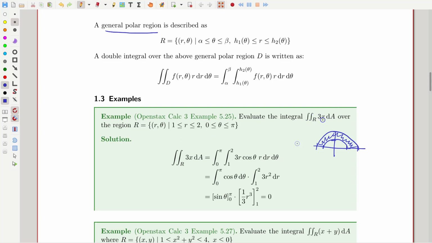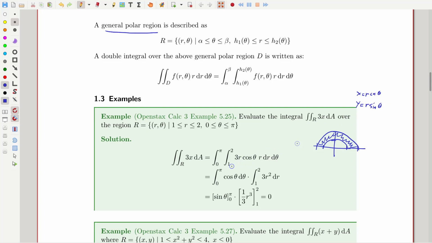Well, in order to integrate over polar, we want our function to be expressed in polar, in terms of r and theta. So we should recall how we convert Cartesian to polar. You should hopefully remember that x is equal to r cosine theta, and y is equal to r sine theta. So we'll just need the x conversion formula there.